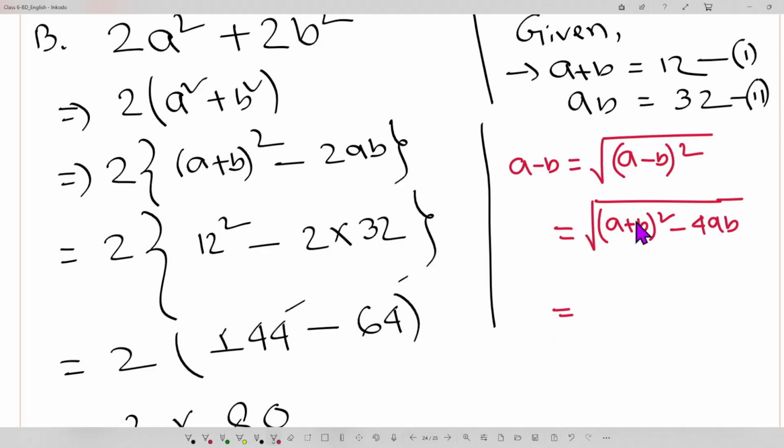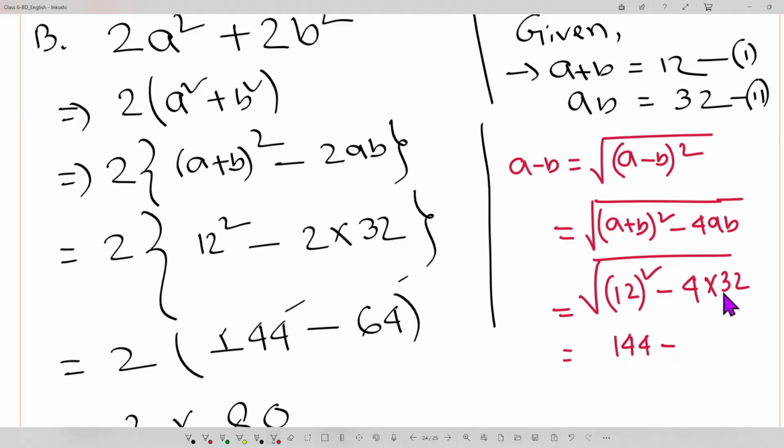Then a plus b means 12, then square minus 4 times 32, then root sign. 12 square is 144 minus 4 times 32, which is 128, and then root, and here is 16 root. So root 16 means plus or minus 4.